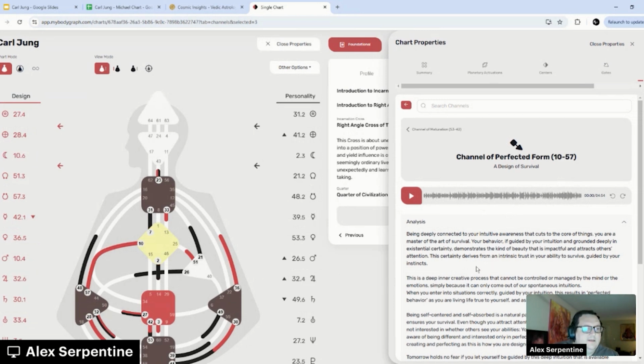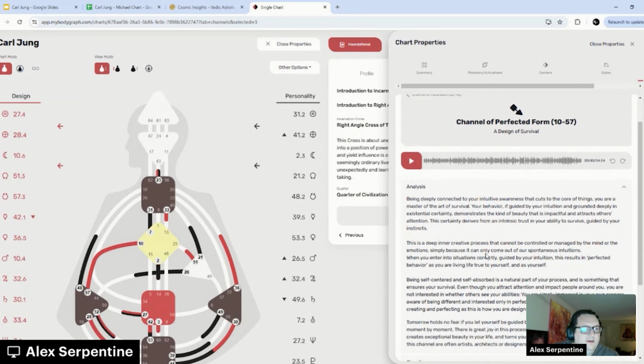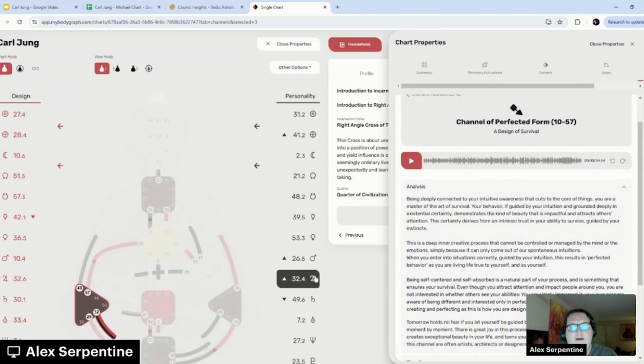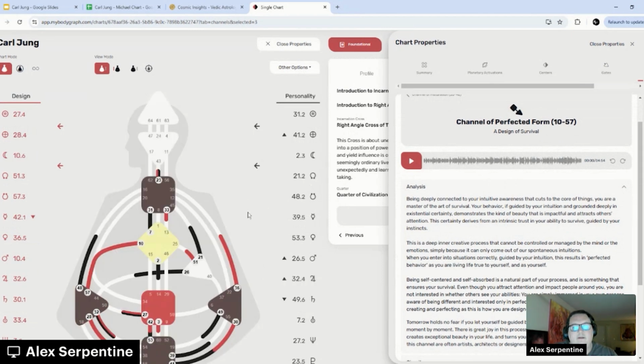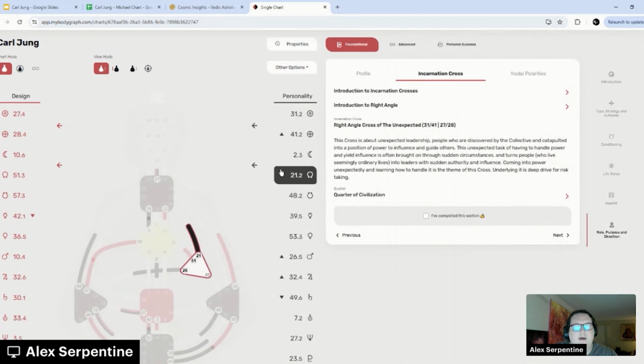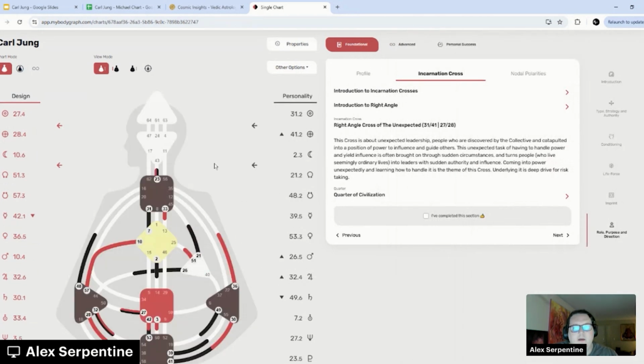So it basically gives him this intuitive ability, tied to survival, knowing how to survive, and his intuition really leads him very deeply in the moment all the time towards ensuring his survival. That's basically what that channel is about. So that's everything in his human design chart that I wanted to talk about.